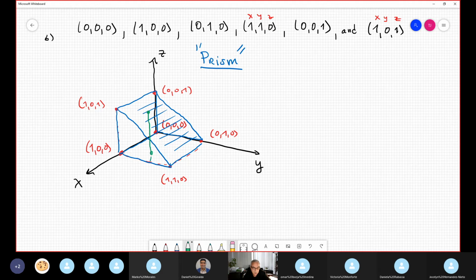So from Z equals 0 to the Z value of this plane. Bang. Okay, I have no idea, so I need to find the equation for this plane.